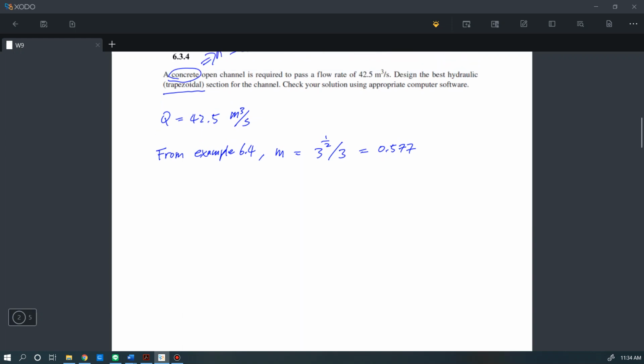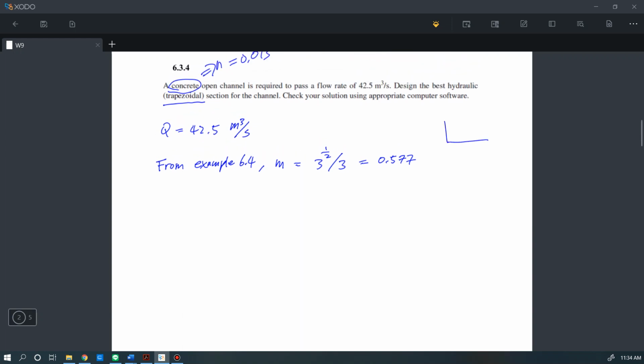And because now we have a trapezoidal channel, okay, let me redraw this a little bit. Trapezoidal channel.